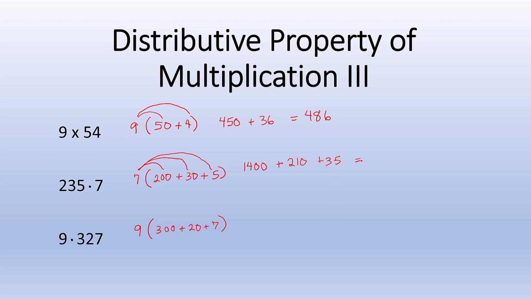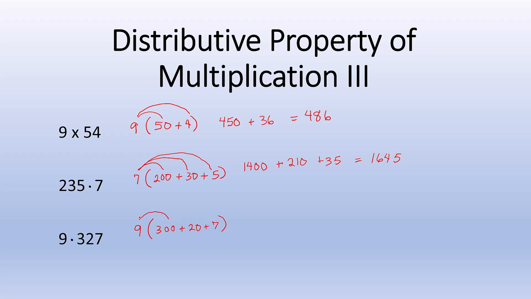Now if I add them together, I know that if I add 35 to 210, that gives me 245. If I add 245 to 1400, that is going to give me 1645.